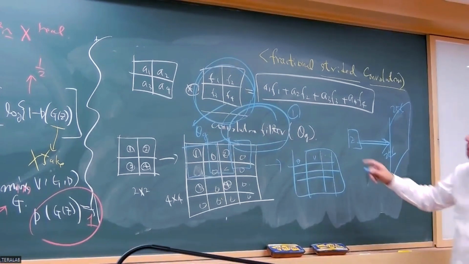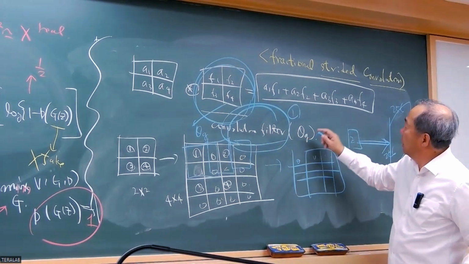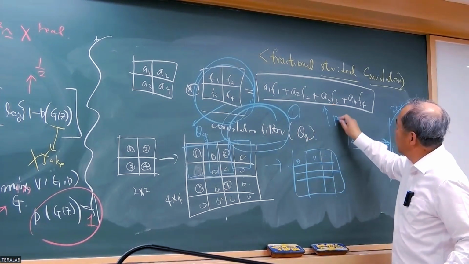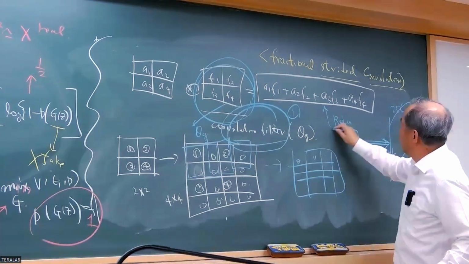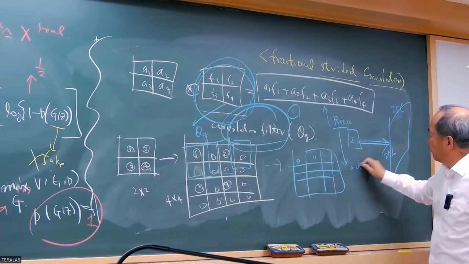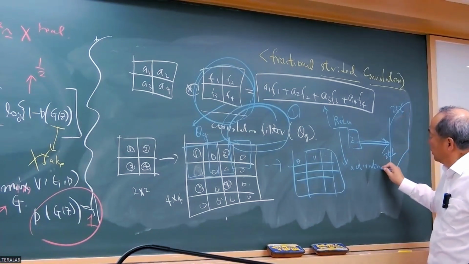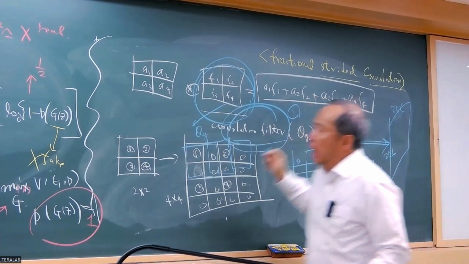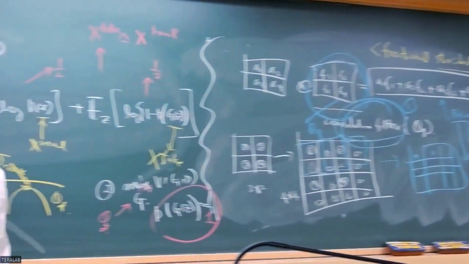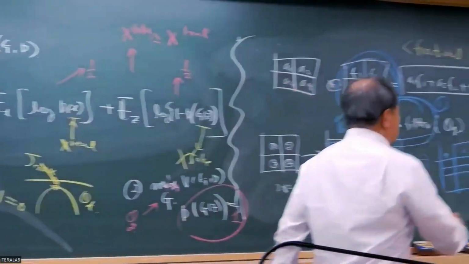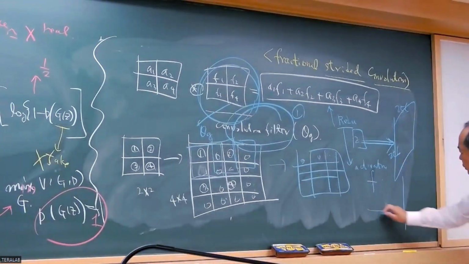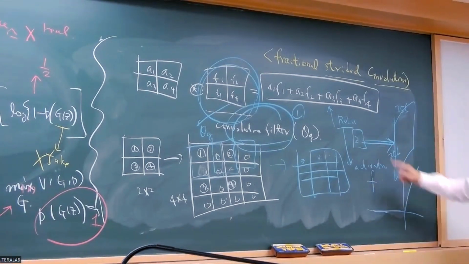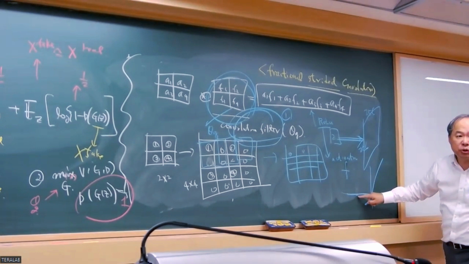Of course, after this convolution, we have to apply the ReLU activation function. ReLU is a kind of rectifying function. If the output is smaller than 0, it becomes 0.